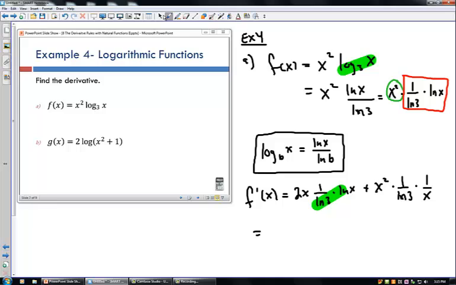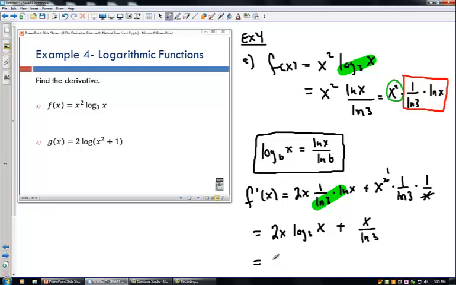And so what I'm going to write here is that this is 2x log base 3 of x plus, and then these x's are going to cancel, or at least one of them on the bottom will cancel with one of these, plus x over ln of 3. And I guess you could leave it like this if you really want to.